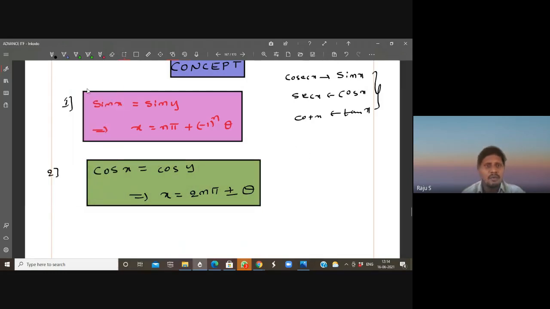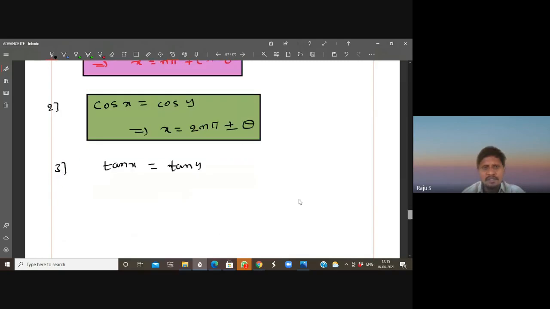Next, I'm going to write the third one, which is tan. The general solution for tan x is equal to tan y, which implies x is equal to n pi plus or minus theta.